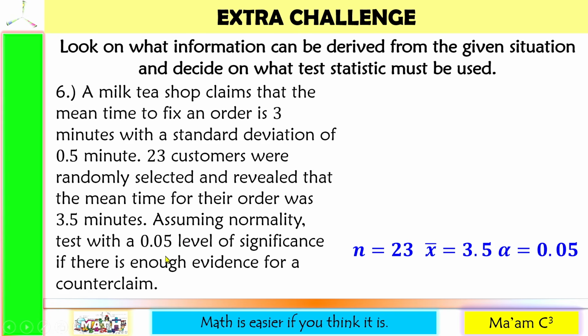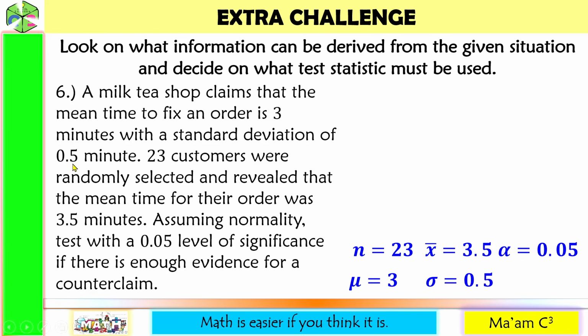So it follows that this 3 minutes here is the population mean. So this is my mu. Mu is equal to 3. And this standard deviation of 0.5 is the standard deviation of the population. So this is sigma. Sigma is equal to 0.5.